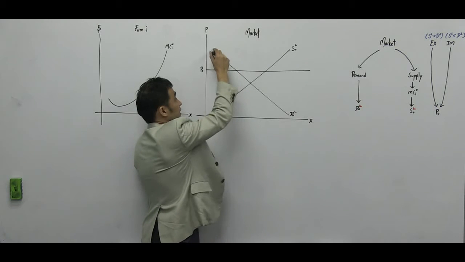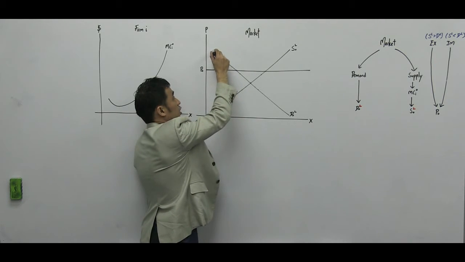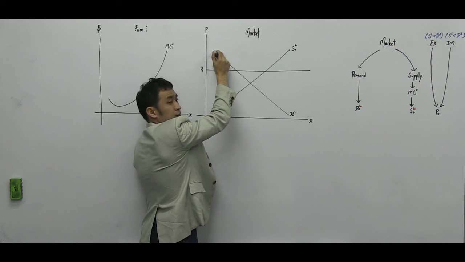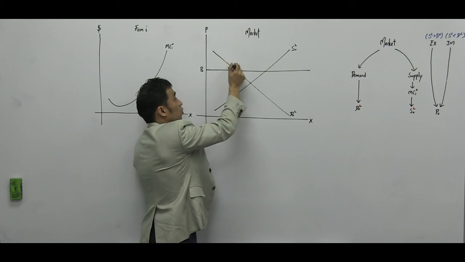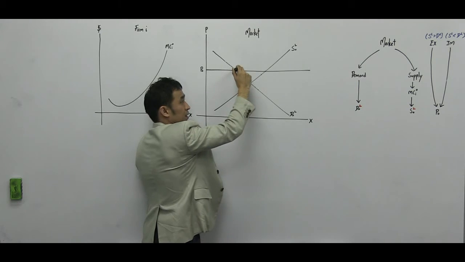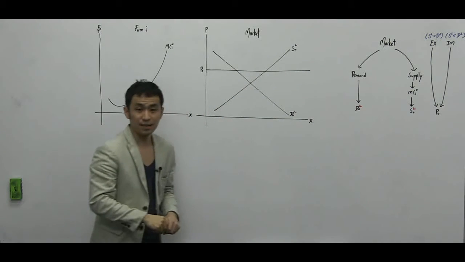Imagine when you sell all this, people will buy. Imagine your price is higher than the world price. When your price is higher than the world price, only your own people will buy, right? Buy, buy, buy. Once you hit this amount, what happens?